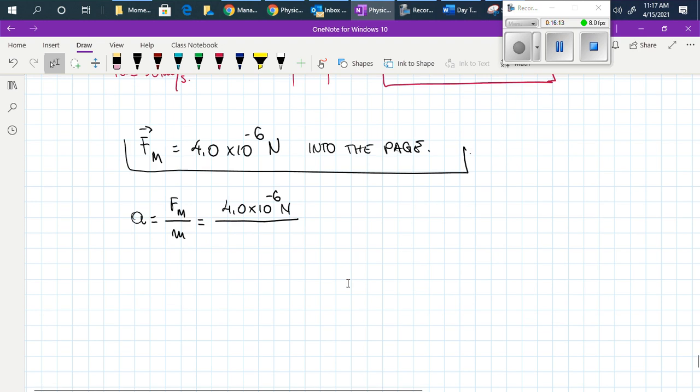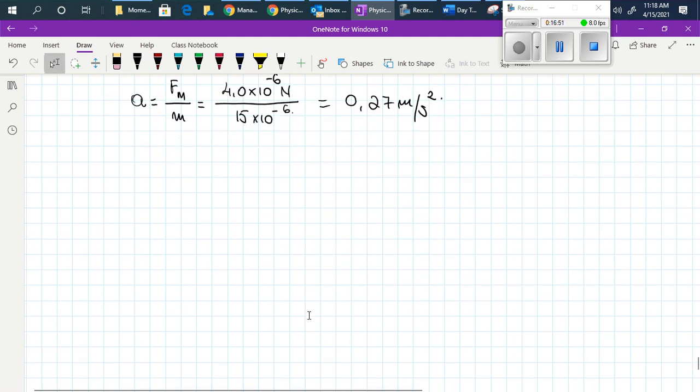So it will be 15 times 10 to the power of negative 6. Using your calculator, divide by 15 times 10 to the power of negative 6, equals 0.27 meters per second squared, and it will be into the page as well, because the acceleration and force will have the same direction.